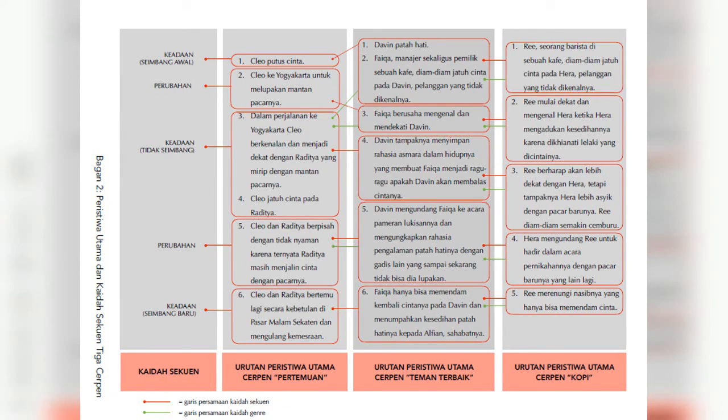In this part, as you see, Cleo and Raditya are separated because they are uncomfortable, because Raditya still has feelings for his ex-girlfriend. It is like the other story, where David invites Faika to an event and shows the secret of his broken heart story with another girl, and until now he couldn't forget it.